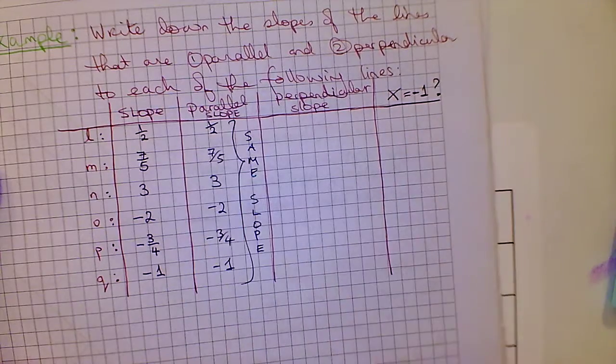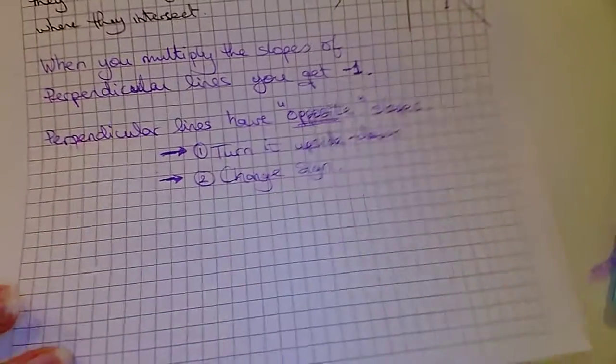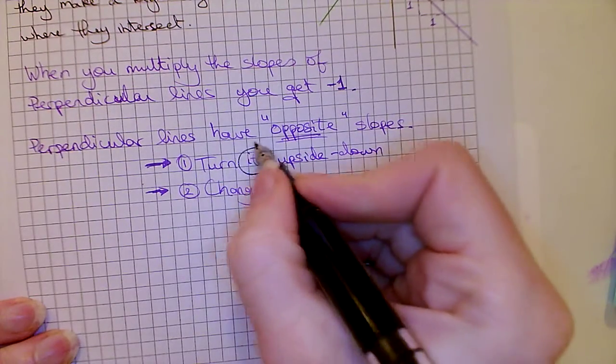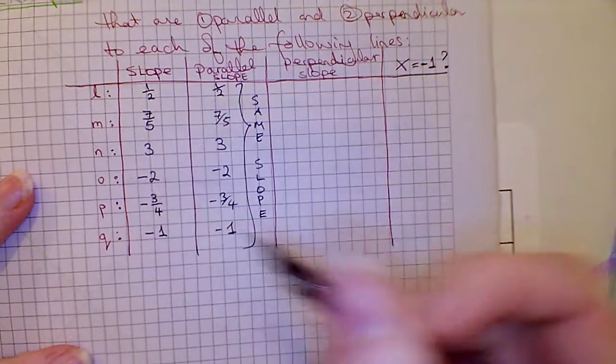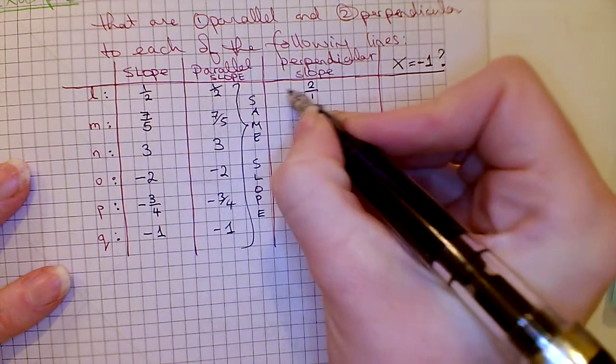Perpendicular slope, though, I said it has to multiply to give me minus 1. So what will multiply by a half to give me minus 1? And I also said this is what we do. We turn it upside down and change the sign. We turn the slope upside down. What do I mean by that? The reciprocal. What do I get when I turn a half upside down? I get 2 over 1, and I change the sign.